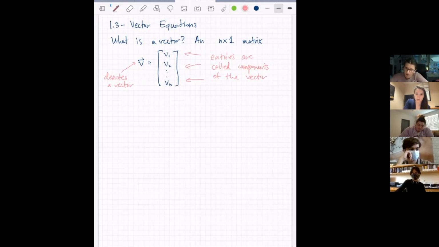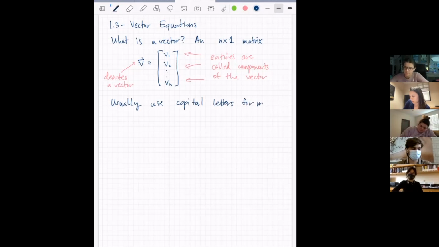Just so you're aware, what about the name of a matrix? Usually we use capital letters for matrices, and we'll just write those normally. The standard letters that you use are A and B. You could use other capital letters.